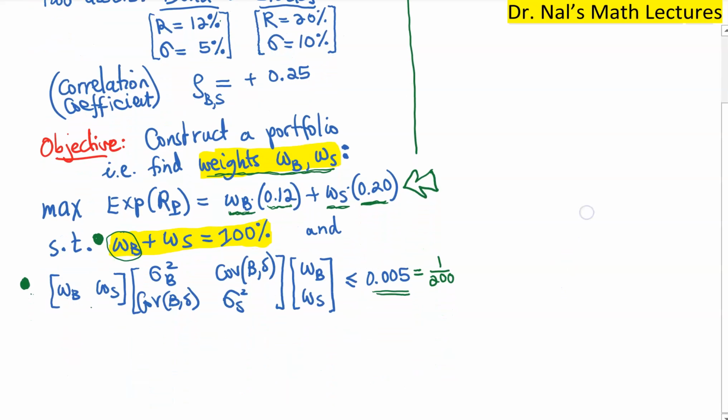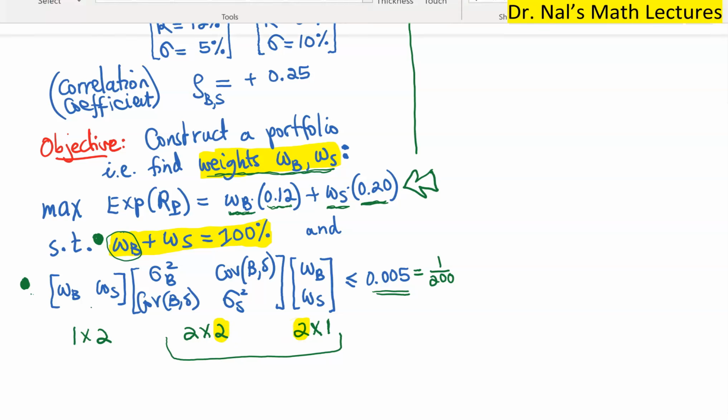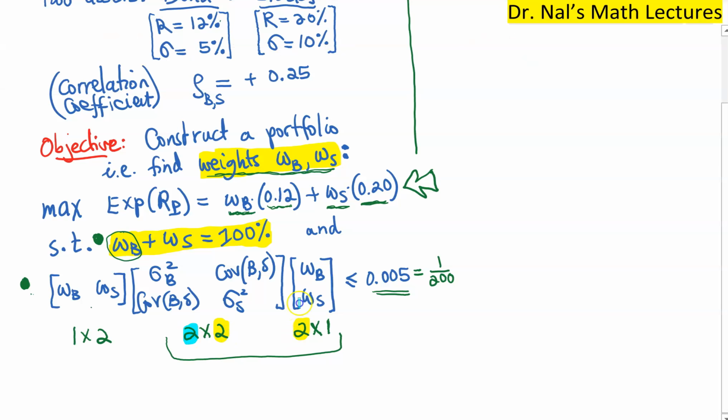And let me just remind you that this is a 1 by 2 matrix. The one in the middle is a 2 by 2 matrix, and the one at the end is a 2 by 1 matrix. Because we have a product of 3 matrices, we can go ahead and multiply the last 2 matrices first. Can we do that? Yes, we can, simply because the number of columns of the first matrix is equal to the number of rows of the second matrix. Once we multiply these two, the outcome will be a 2 by 1 matrix.